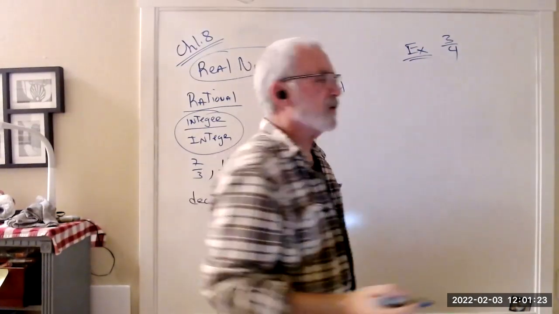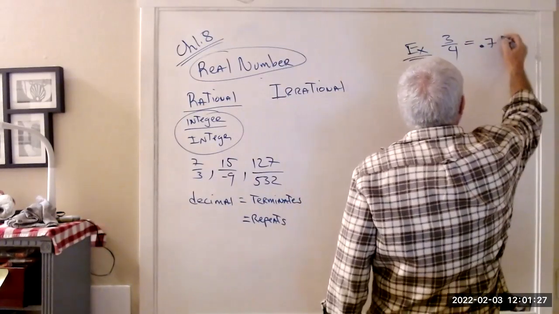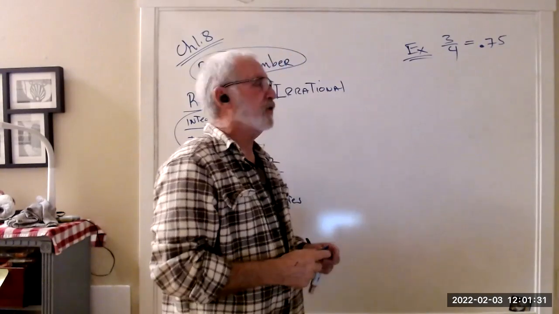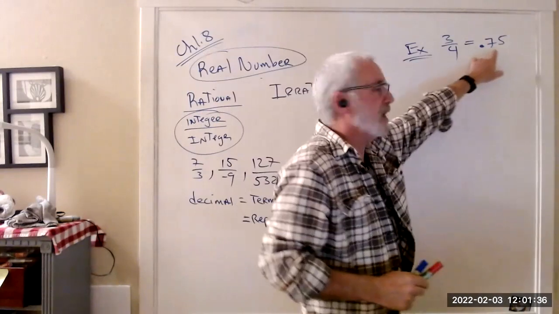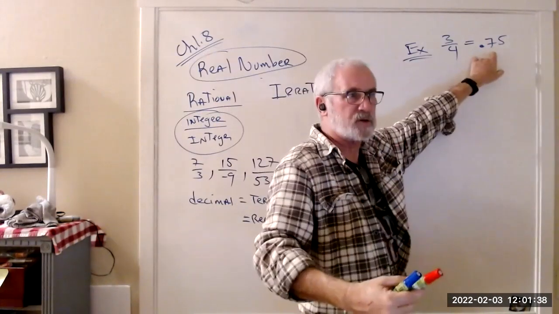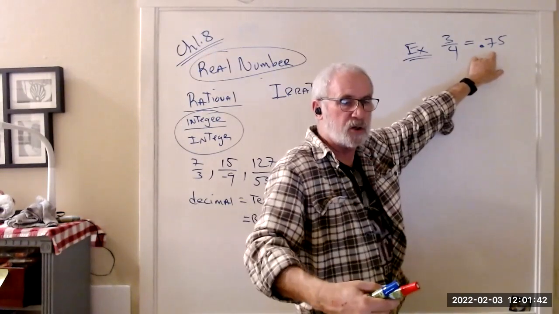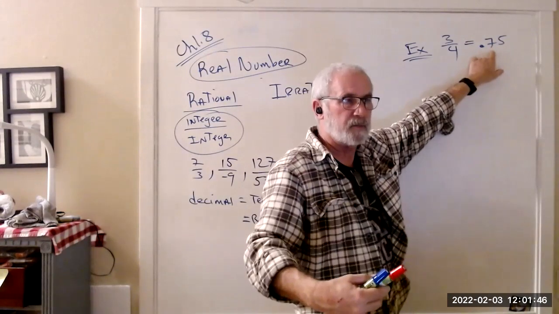If you pop that into your calculator, or if you know what it is, it's 0.75. 3/4 as a decimal is 0.75. This is called a terminating decimal because it stops. When something terminates, it ends. So this is a terminating decimal because it stopped.